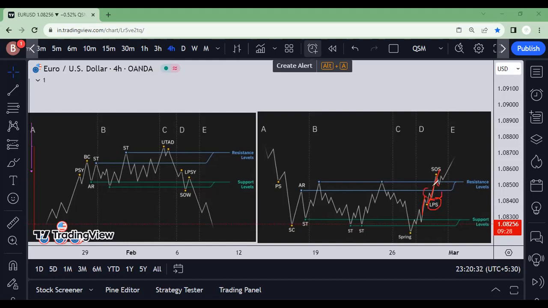It has to be near, below, or above the automatic rally resistance, because this LPS will lead to a sign of strength, and the pullback would act as the last point of supply, and from here onwards price will increase.